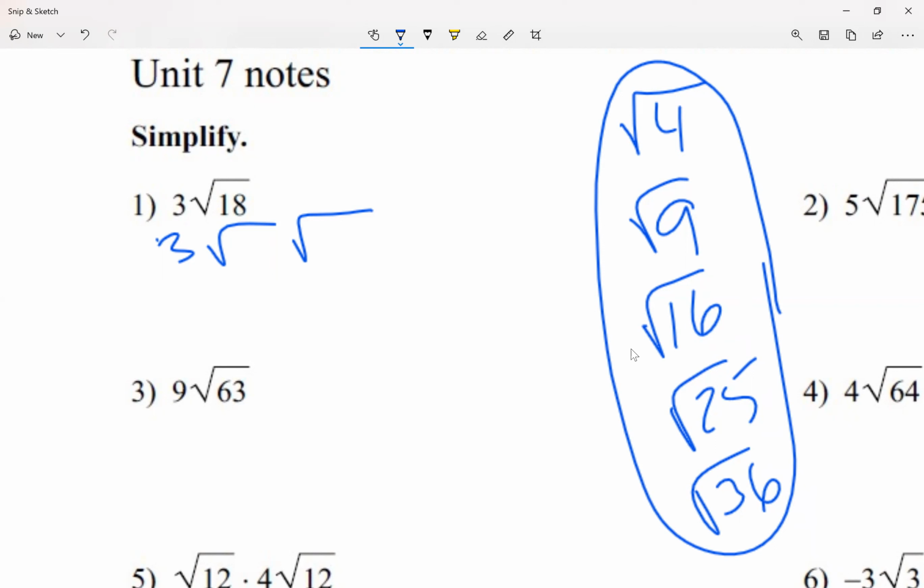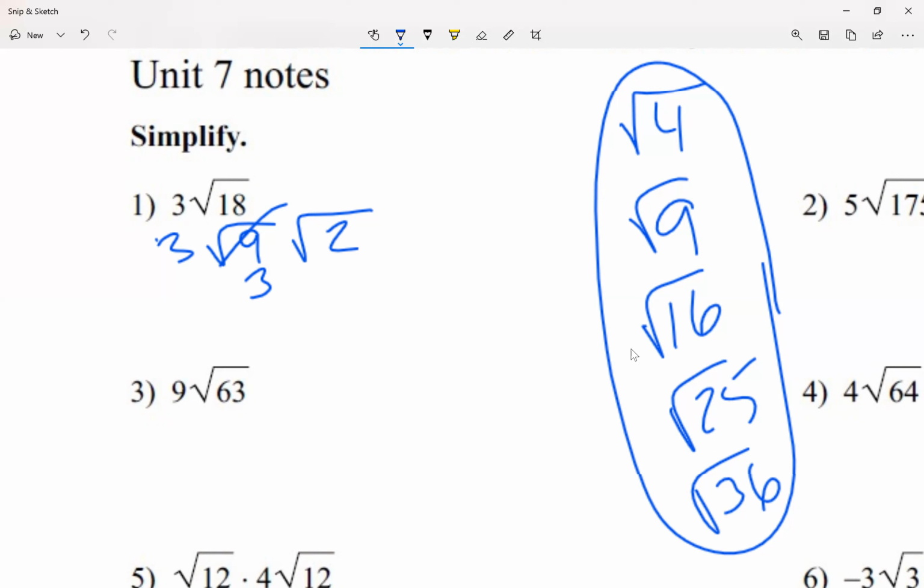So no, I'm thinking of a multiplication that equals 18, but one of them must be a perfect square. So in this case, let me go 9 times 2. The square root of 9 simplifies to 3. I'm trying to break this into simplifying perfect squares. The square root of 2 cannot simplify anymore.